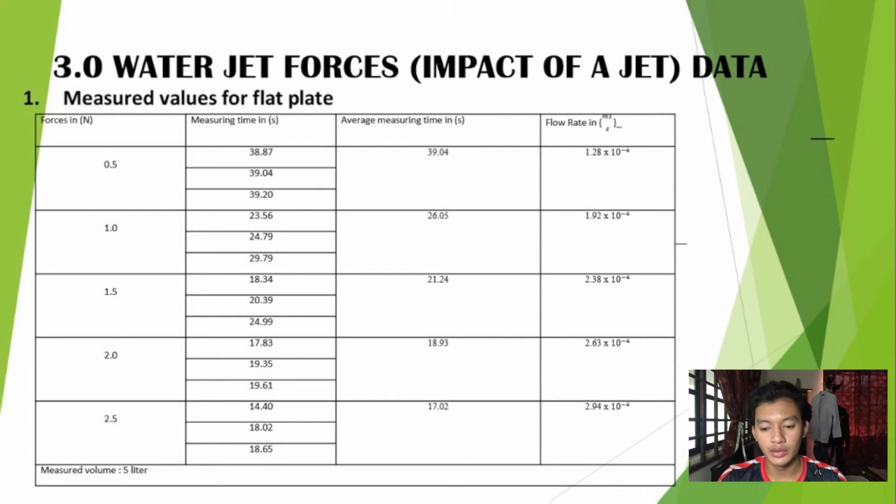Next, to get the flow rate, we divide the volume by time. The measured volume is 5 liters, and we change it into cubic meters, which is 0.005, divided by time, which is 39.04, and we get the flow rate 1.28 × 10^-4.